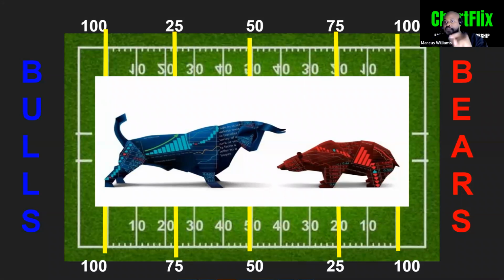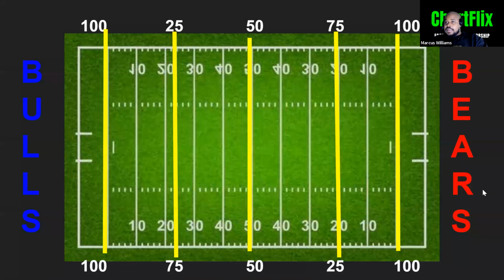There are certain patterns in which the market reacts at the 100 line, the 25 line, the 50 line, the 75, and the 100. These numbers make the market react a certain way more times than not. For example, when the bulls have the ball, they're going to move it typically 50 pips.